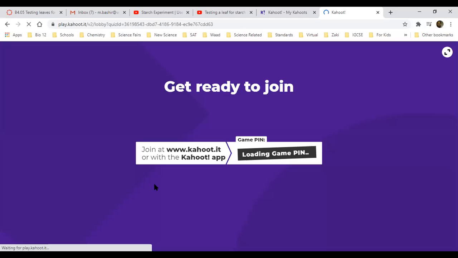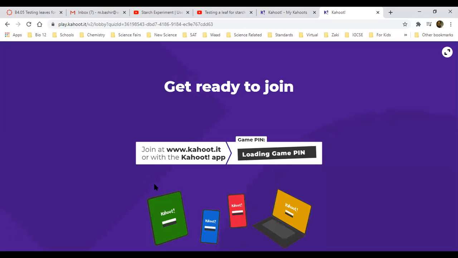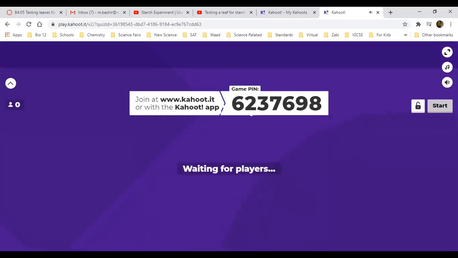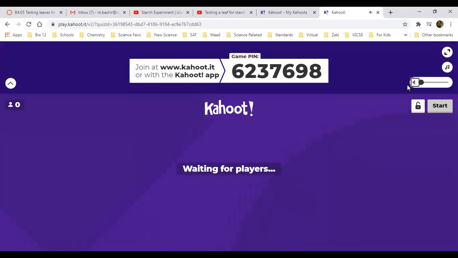The code is going to appear now. The pin is in front of you: 6237698. So let me send this out to you guys. It's kahoot.it or the app, and the code is 6237698. So mashallah, OS has already joined.